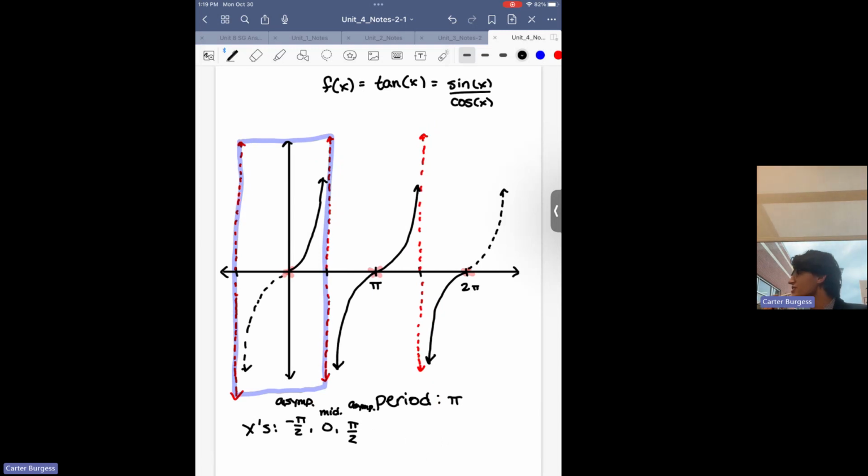Tangent, in terms of sine and cosine, what is tangent? Sine over cosine. So where did these asymptotes come from? Why do I see asymptotes at negative pi over 2, pi over 2, 3 pi over 2, 5 pi over 2, and so on?